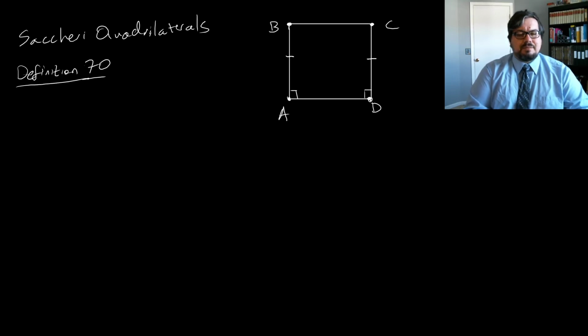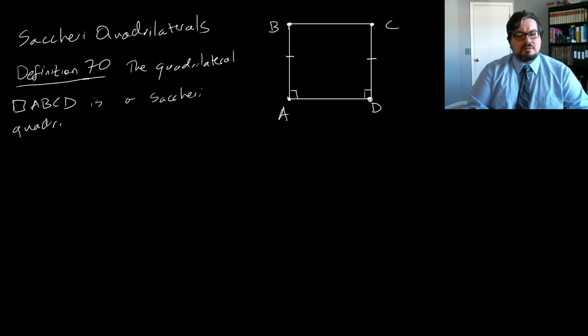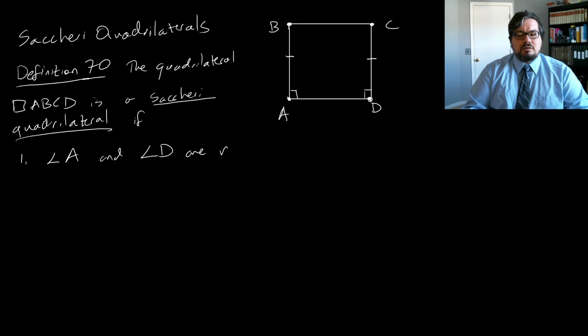Definition 70. The quadrilateral ABCD is a Saccheri quadrilateral if, first, the angle at A and the angle at D are right angles.